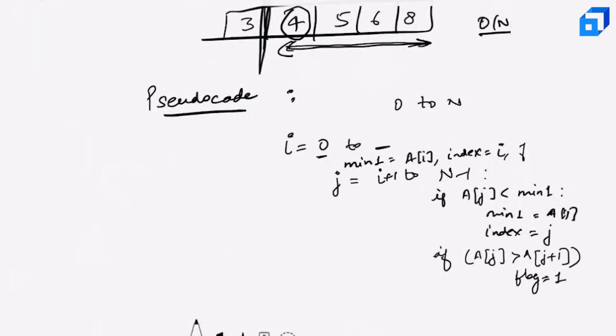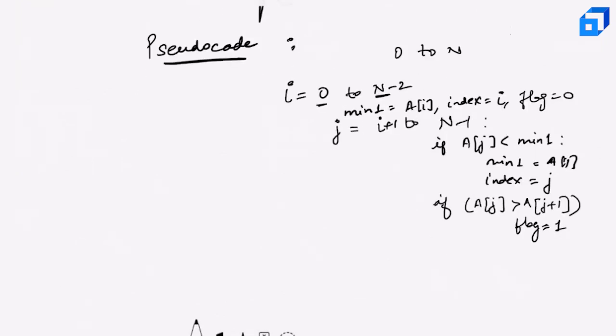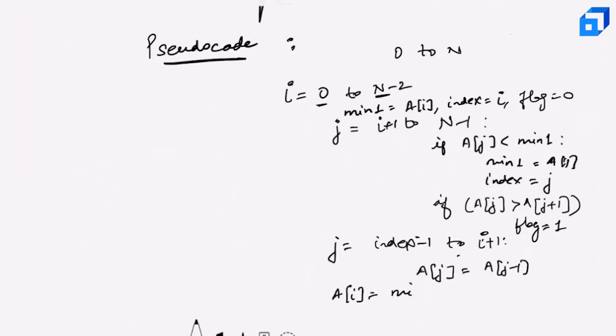Let's say there's a flag here which is also 0. And once I have found my minimum, then all I need to do is shift all of the other numbers one space to the right. So once I have found the minimum, I will take a loop of j, and then at the end, you have a[i] is equal to min.